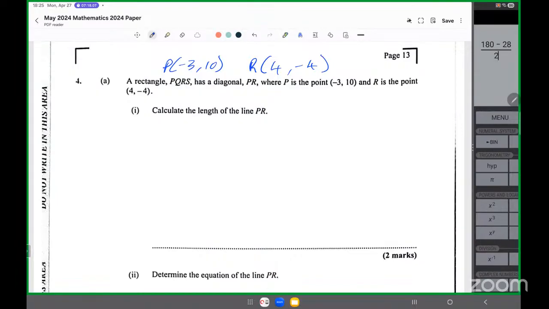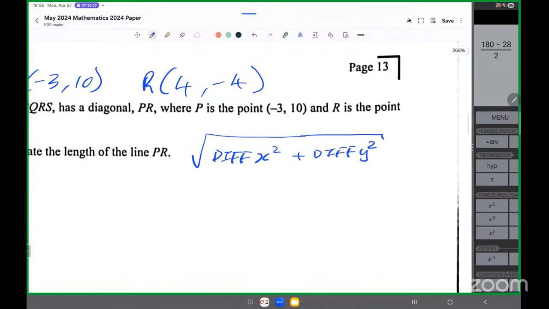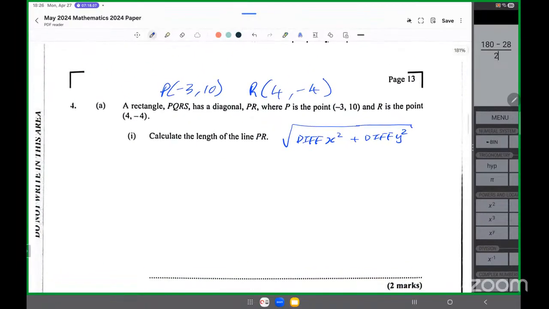That's the length of a line formula. Remember, the length of a line is the square root of the difference in the x values squared plus the difference in the y values squared. Remember, it comes from Pythagoras' theorem. That's how we're going to get it.